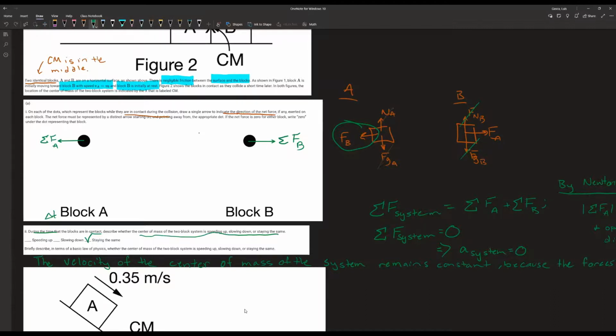The forces between the blocks are action-reaction pairs. Give me 1 second, and let me know if we have questions so far.